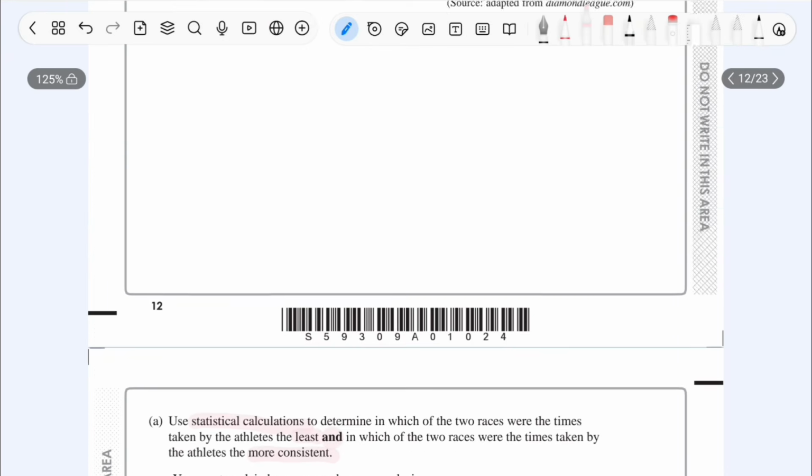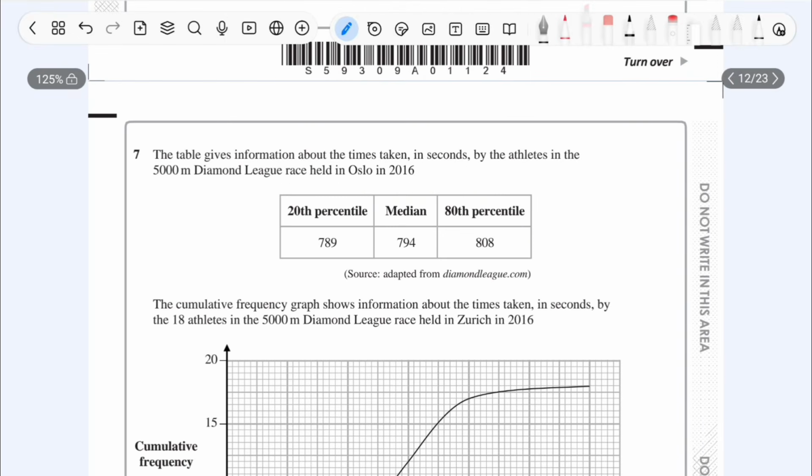So it might actually be useful for me to explain what this actually means. Percentiles. Now percentiles might look a bit daunting at first, but they hold basically the same principles as the lower quartile and the upper quartile, which we explored previously in the other question. We know that the lower quartile represents the 25th percent value of the data, and the upper quartile represents the 75th percent of the data.